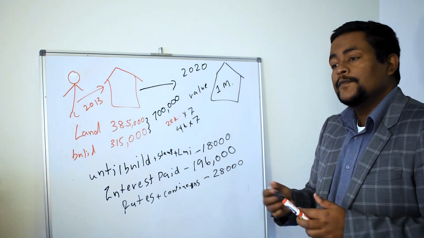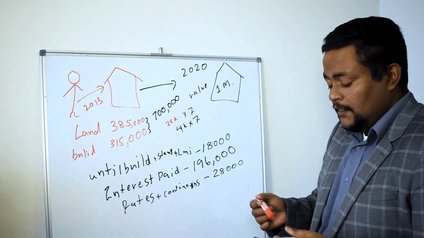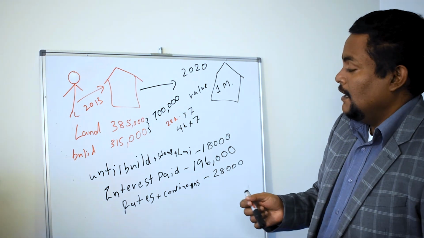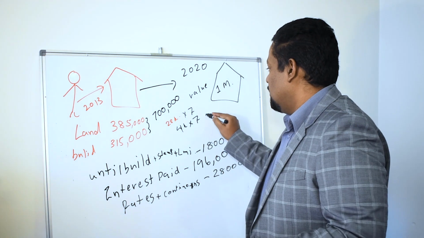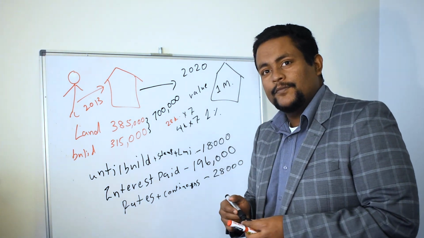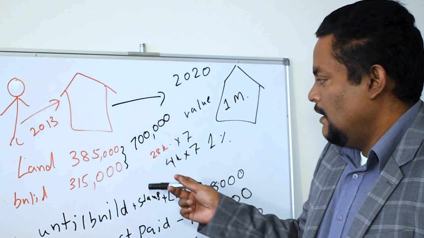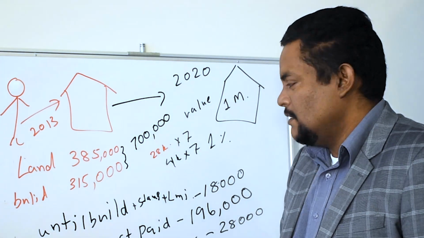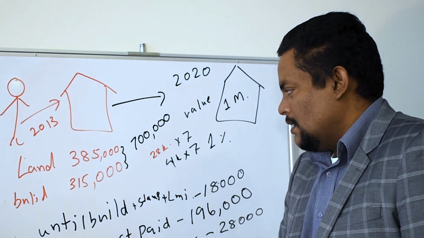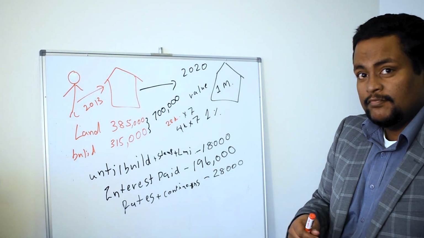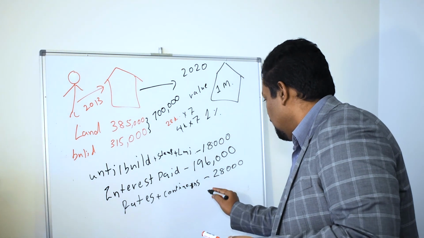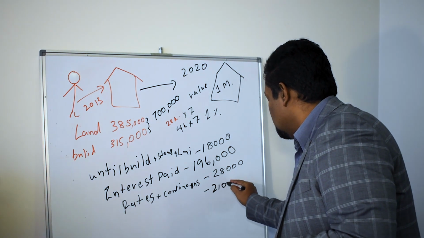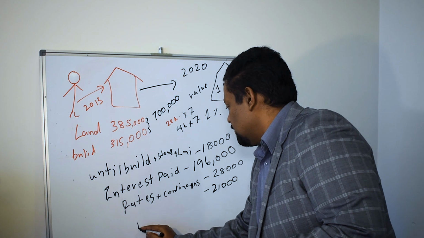And then maintenance. The industry standard is that maintenance averages about 1% a year. So let's say the house value is 350,000, so about 3,000 a year as maintenance. For 7 years, he's spending about $21,000 on maintenance.